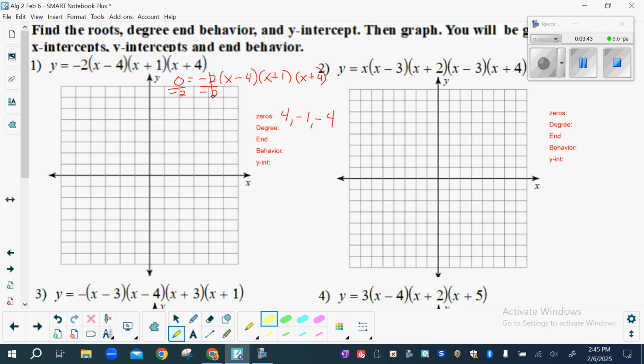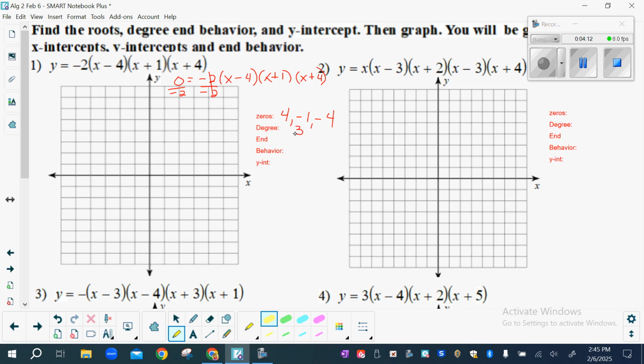Okay, so this same group here, what's my degree? 3. Degree is 3. Questions on that? Okay, so my end behavior, 3 is odd or even? Odd. What is my A on this one? Is my A positive or negative? A is your leading coefficient, which would be -2 on this one.